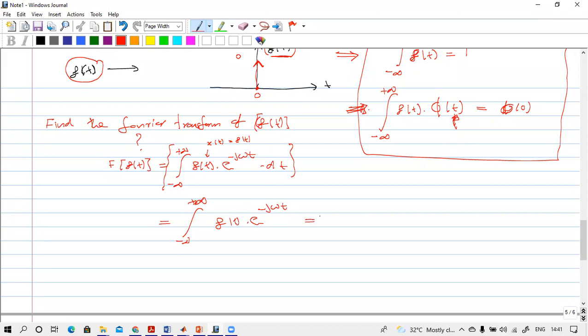Can someone tell me the answer? I think now you should be able to tell the answer. What is the answer of this integral?